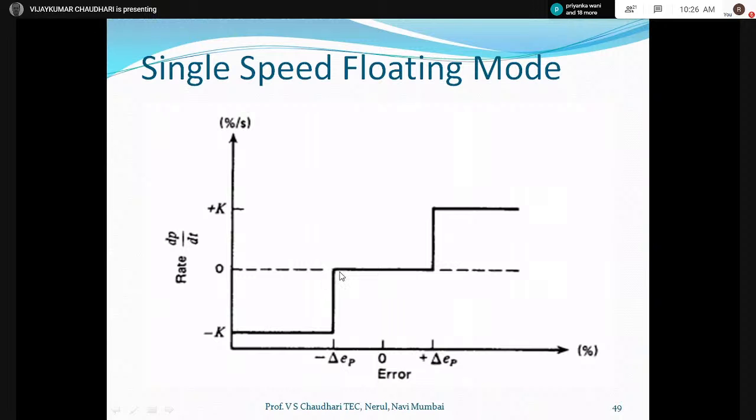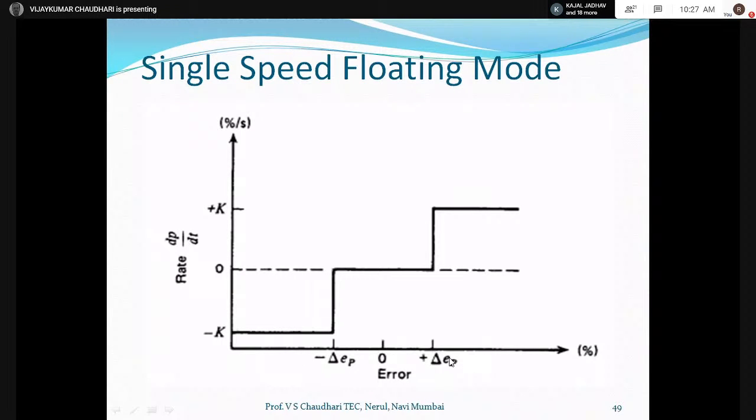Here the output rate is 0, whereas it is minus k for error less than minus delta E_p and plus k for error exceeding above the neutral zone. dp by dt is equal to plus or minus k.